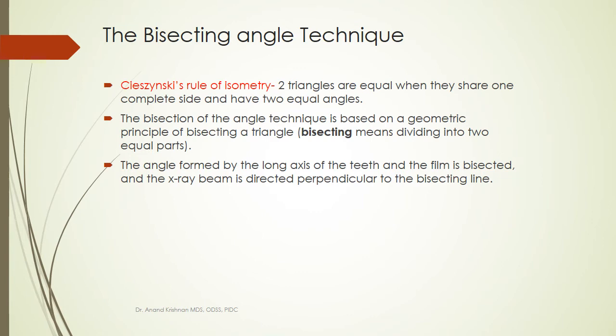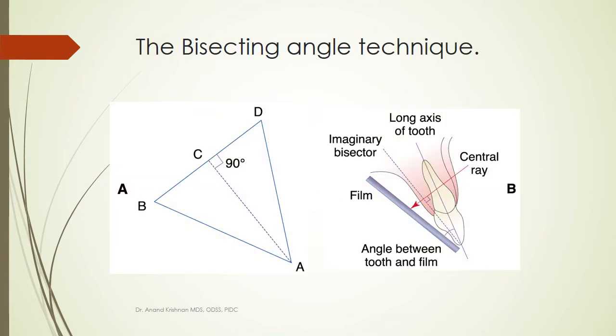So isometry means similarity. We'll see a pictographic representation in the next slide. The bisecting angle technique is based on a geometric principle of bisecting a triangle, which means dividing a triangle into two parts. The angle formed by the long axis of the tooth and the film is bisected, and the X-ray beam is directed perpendicular to the bisecting line.